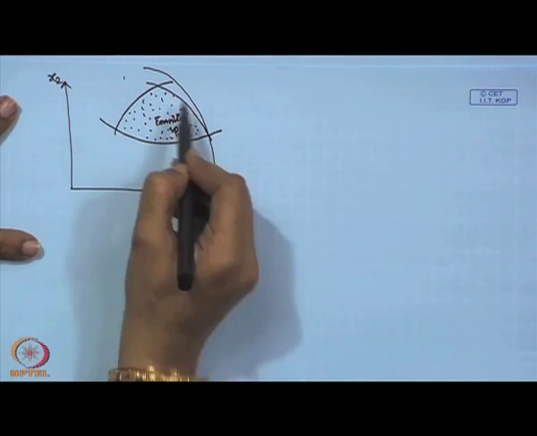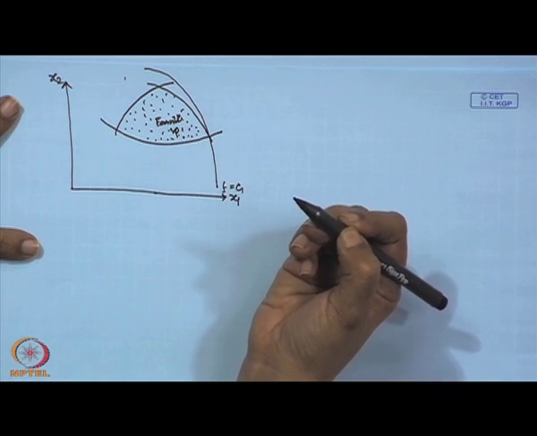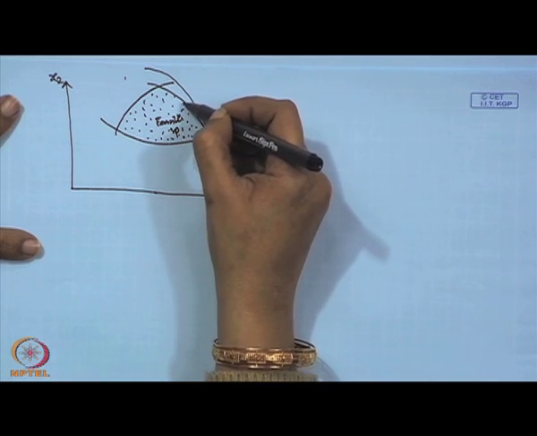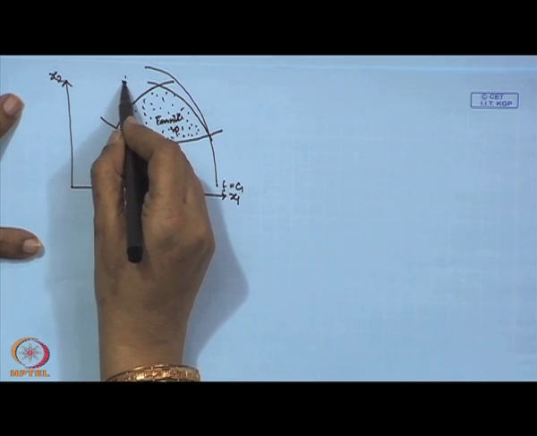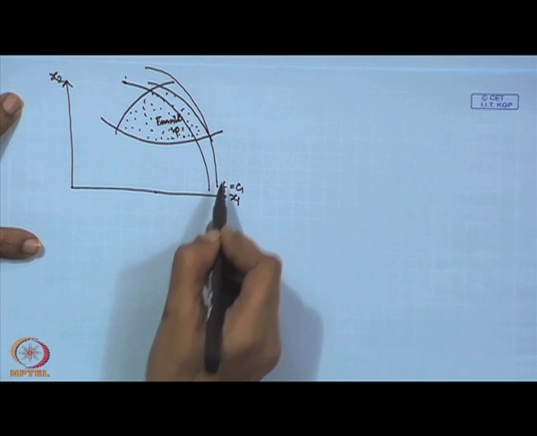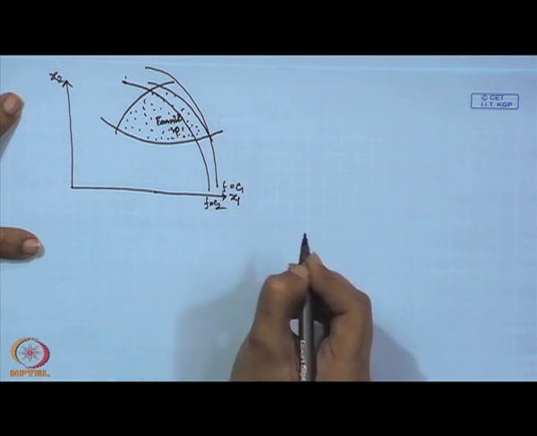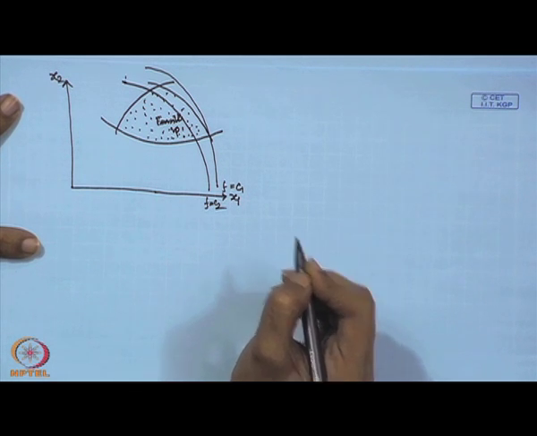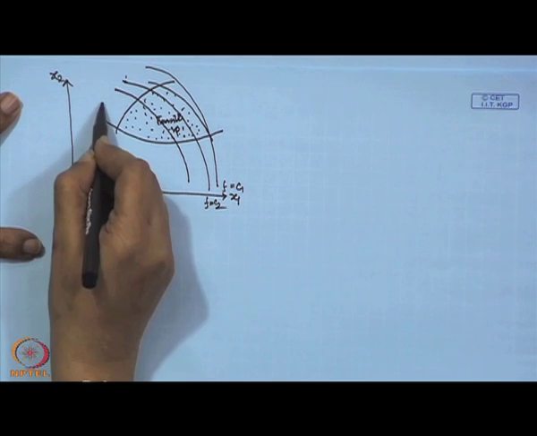Since this is a minimization problem, we will try to minimize the objective function f and find the space where it is minimum. This is another position where the functional value is C2. In that way, we can minimize the function further and further.